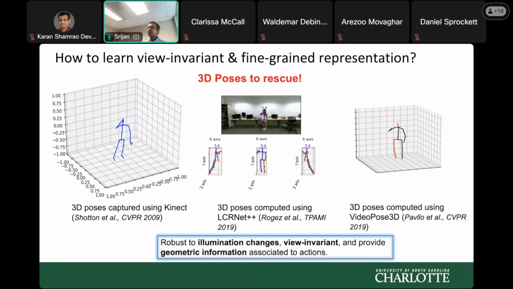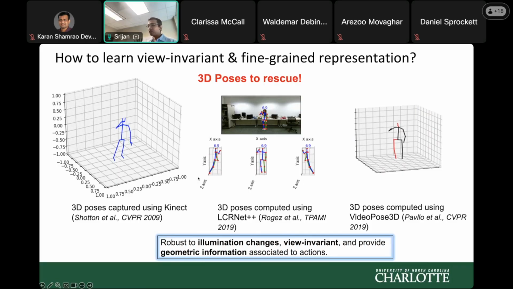And on the other side, in order to specifically address the challenges of activities of daily living, a lot of researchers also use 3D poses or key points of humans performing actions. This was a bit difficult 10 years back when we had to make sure that your smart home is equipped with depth sensors, because on the left hand side you can see the poses captured by a Kinect sensor.